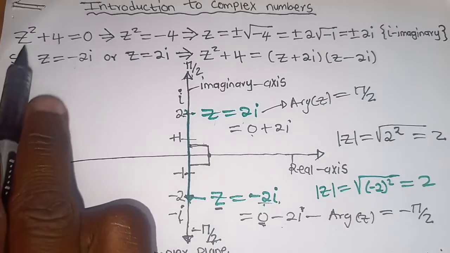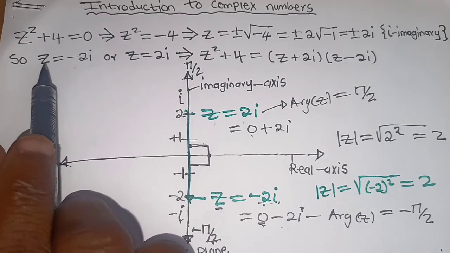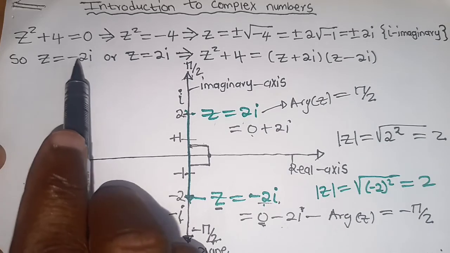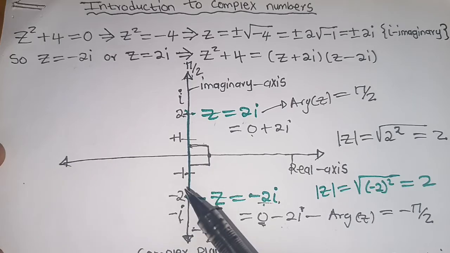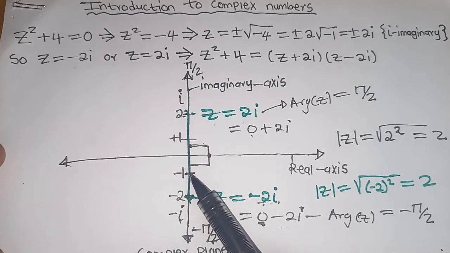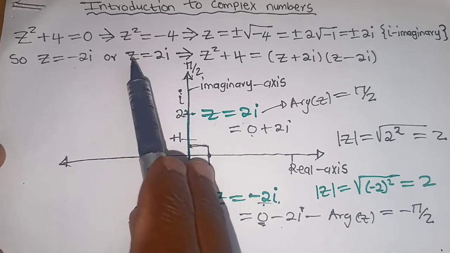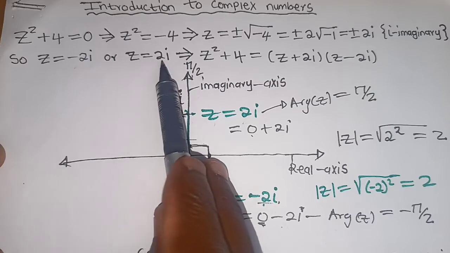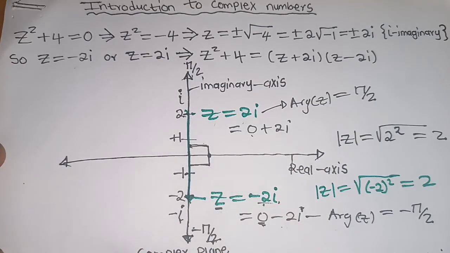Since from z squared plus 4 we have two solutions, we have complex number z equals negative 2i, which under the complex plane will be defined 2 units downwards, and also complex number z defined by 2i, which will be defined 2 units upward.